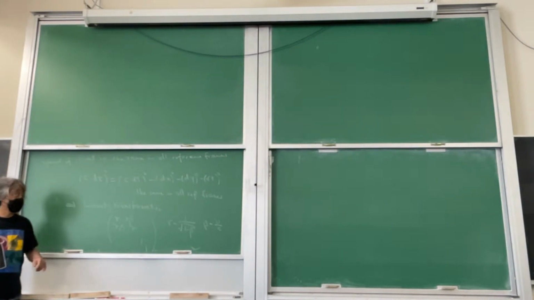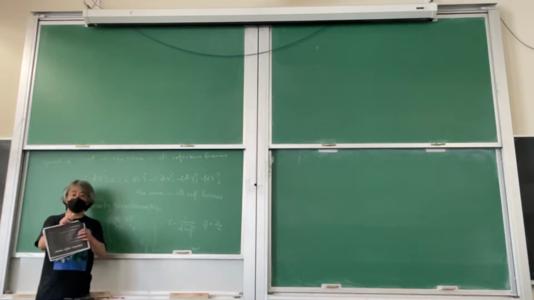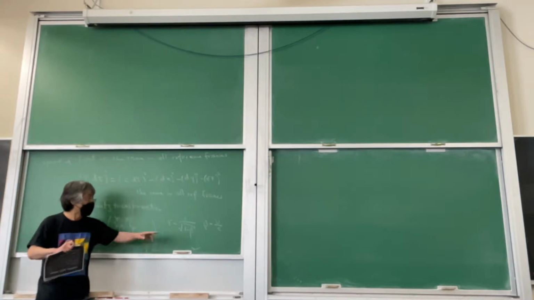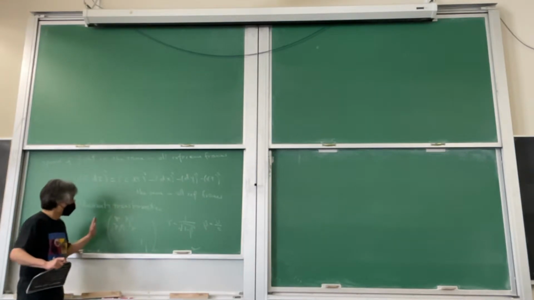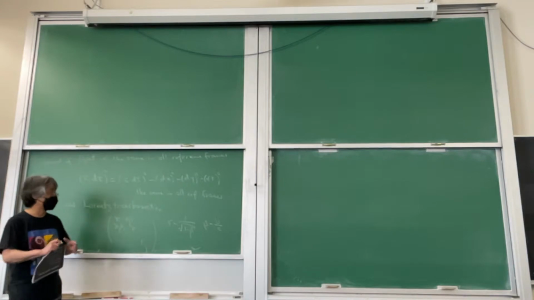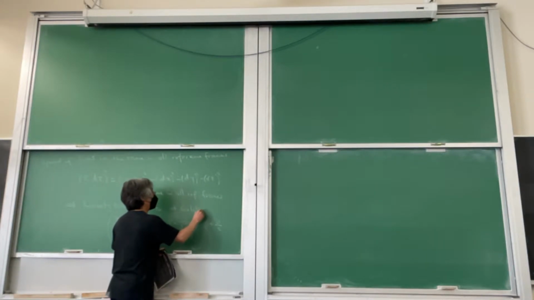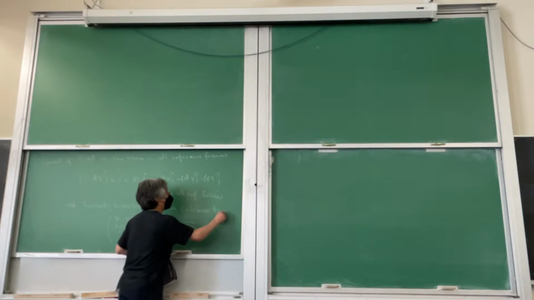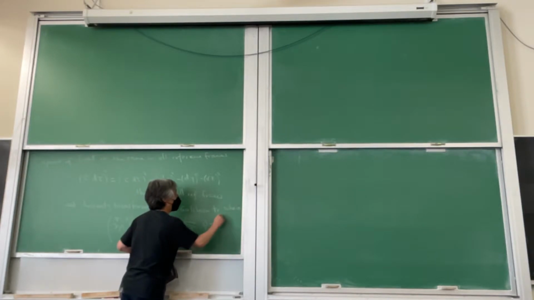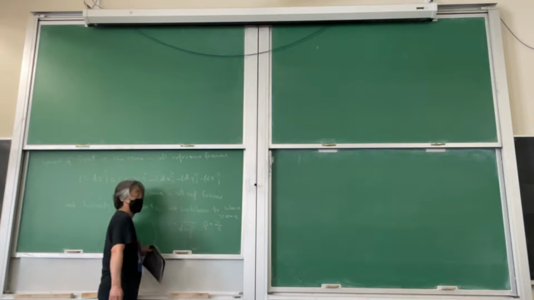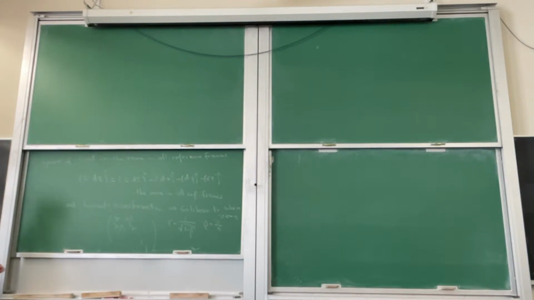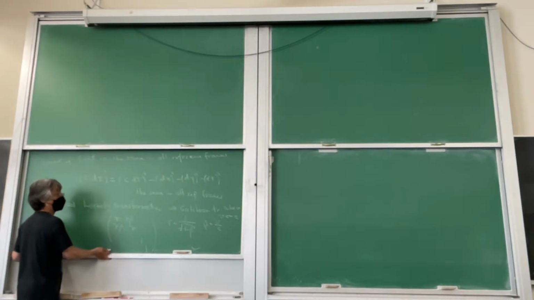And when you go to the limit where the relative speed between two reference frames is much less than the speed of light, you can do a Taylor expansion and reduce that to Galilean transformation. So that's how we know that it's connected to Newtonian mechanics in the limit of low velocities.